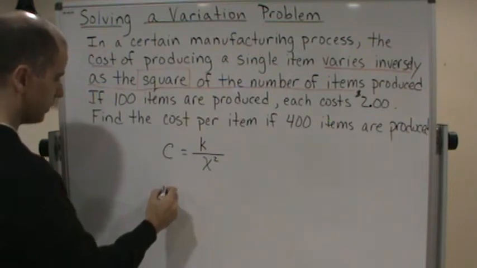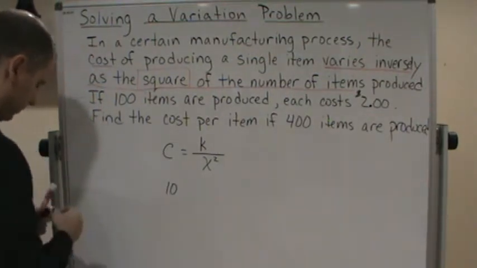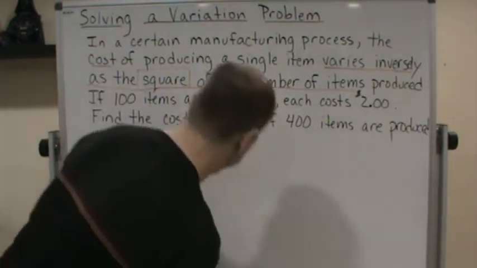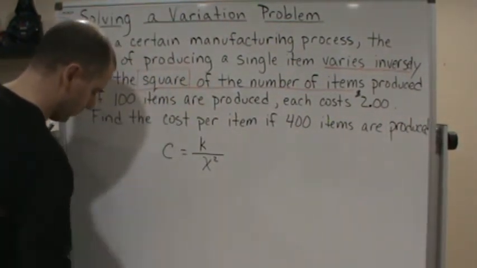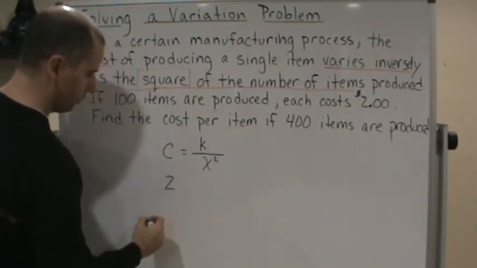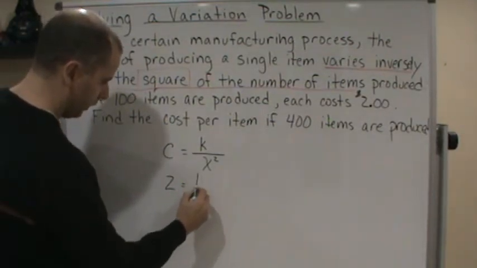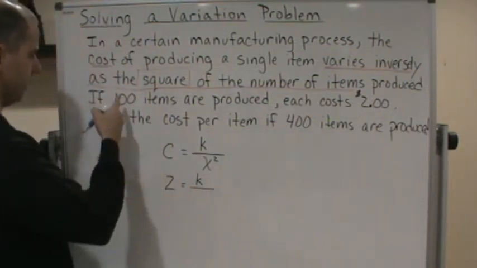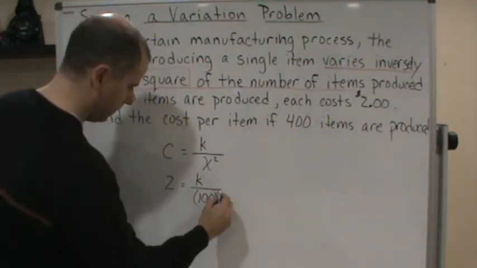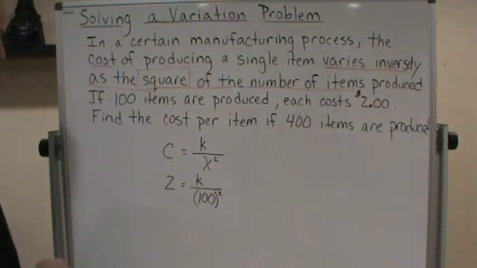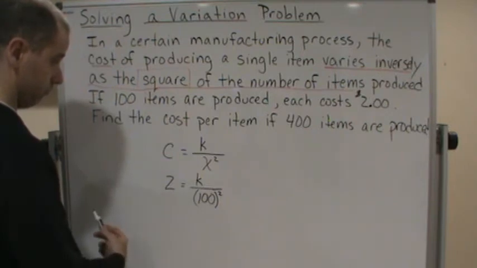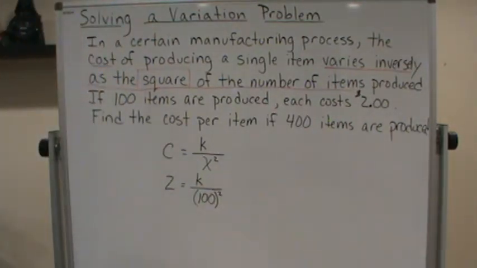So step two is for 100, so the cost per item is $2 if X is 100, but it's 100 squared here. Okay, and so now we're going to solve for K.